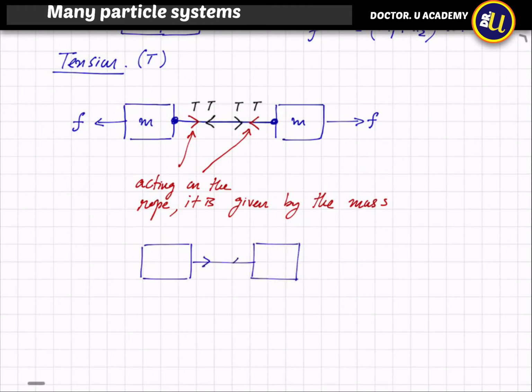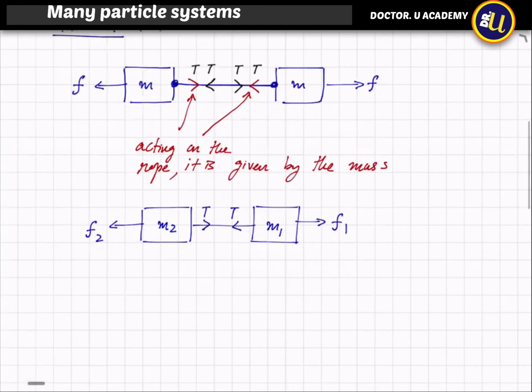So suppose this is M1 and M2, this is F1, this is F2, and the tension force is this. This tension force is given by mass M2 on the rope. The other T is given by mass M1 on the rope.